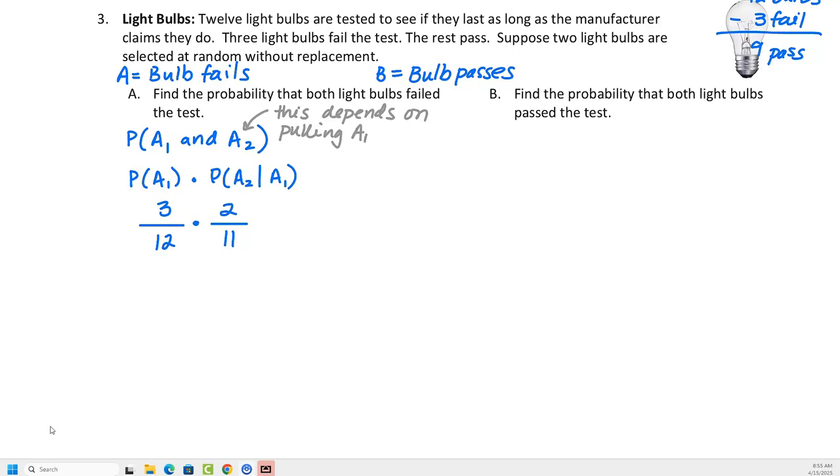Okay, so 3 times 2 is 6. 12 times 11 is 132. And if I stick that on my calculator, I get approximately 0.045. So if you pull two bulbs from this box, the chance that both will fail is 0.045, or 4.5%.